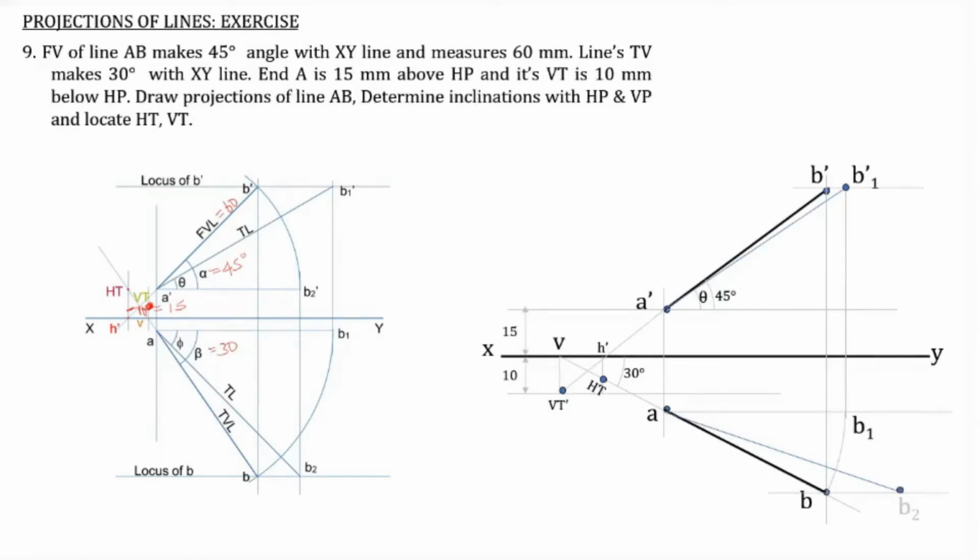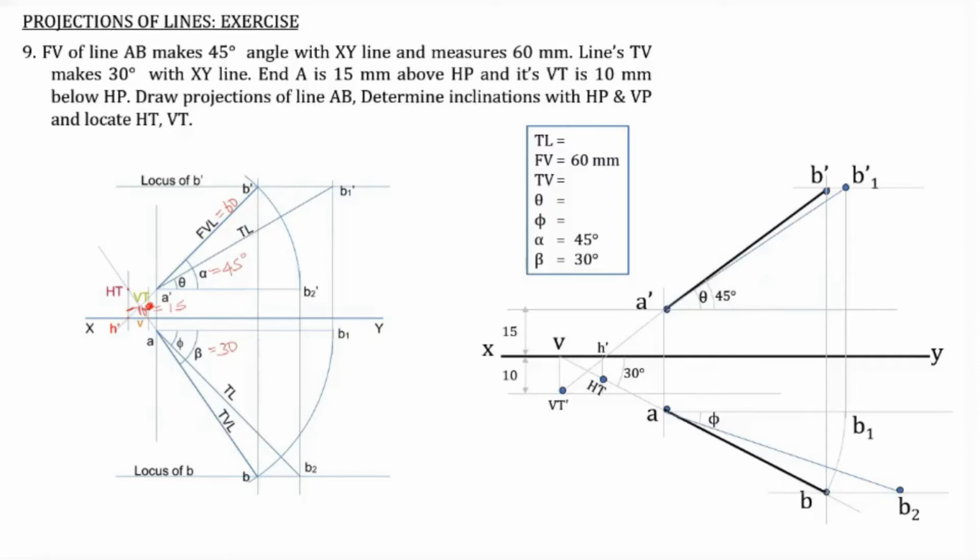So that point B2 can be obtained. Or the other way also you can find out. First you find out B2 dash by rotating A dash B dash, and then dropping vertically, projecting downward. That way also you can find out the point B2. Anyway, you have to find out the point B2, and the inclination of A B2 with the XY line will give you phi.